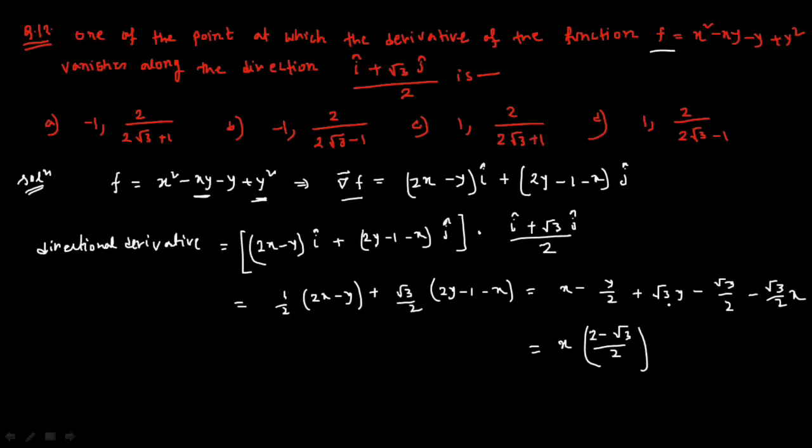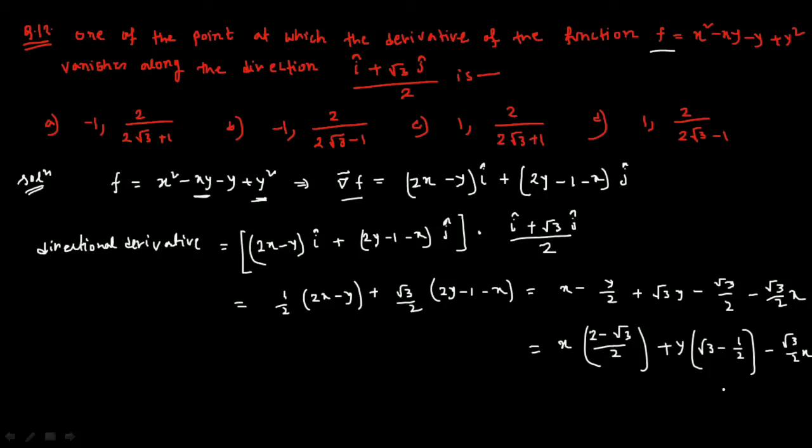And if you take y common, it will be root 3 minus half, that means 2 root 3 minus 1 by 2, and obviously there will be the minus root 3 by 2 term.